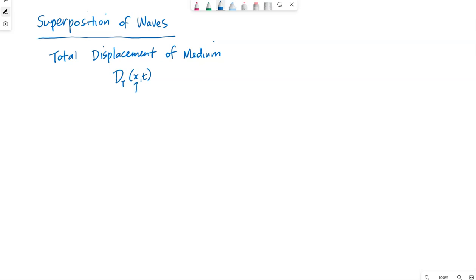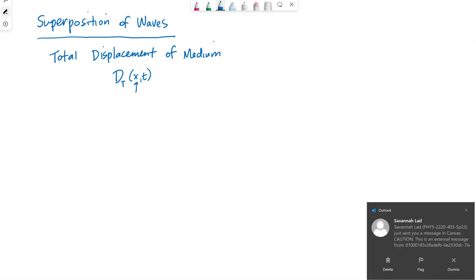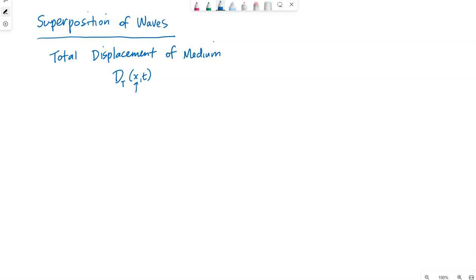So X would represent where horizontally, in the X direction, we would be talking about the displacement, and T is at what time. Individually, wave 1 would have a certain displacement at a certain location and certain time. Wave 2 would have a certain displacement.